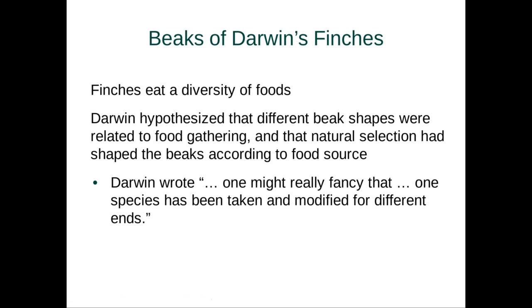It's not like I want to go here. It's just that the environment provides the source, and there's natural variability in the population that gets selected upon by that environmental condition. And Darwin has a really nice quote, where he says, "One might really fancy that one species has been taken and modified for different ends."